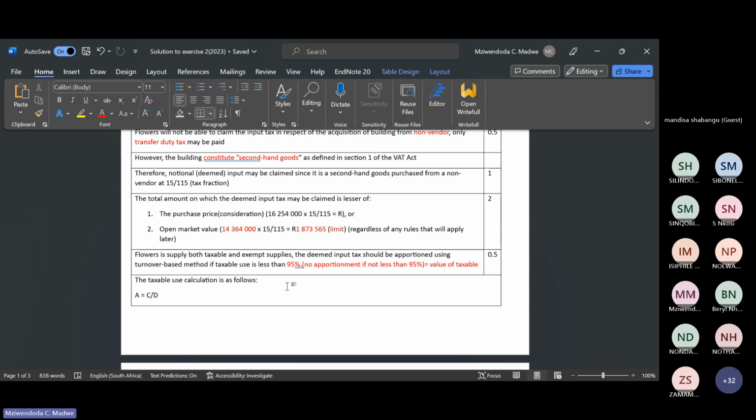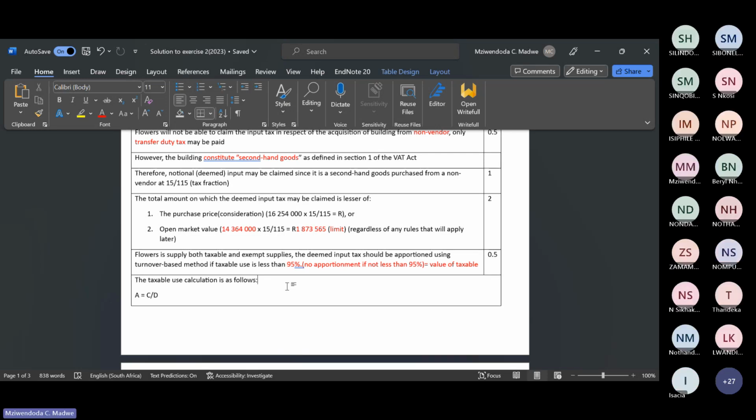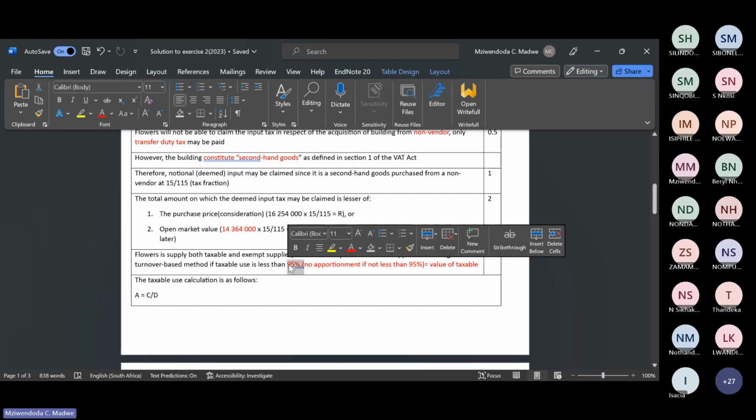In our case, we are buying this second-hand property. We are buying it for a purpose of making exempt and taxable supply. The first thing that we have to do before we calculate an input tax is to calculate a 10 over base method, and determine whether our taxable supply is less than 95% or not.